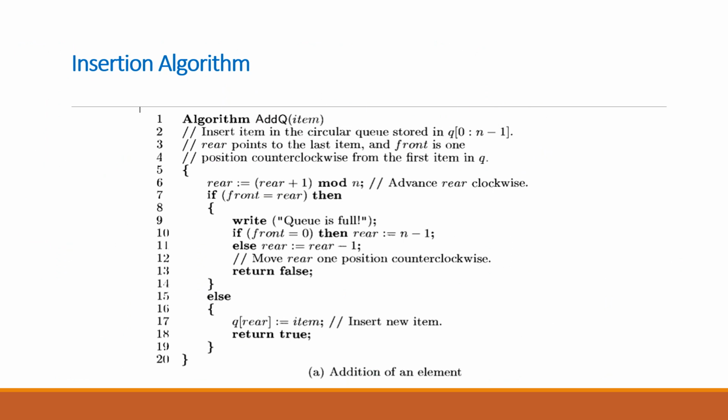So this is the algorithm for insertion, the addition of a new element into the queue. The algorithm name is AddQ, within brackets one parameter is present, that is item. Insert item in the circular queue stored in Q[0 to n minus 1].